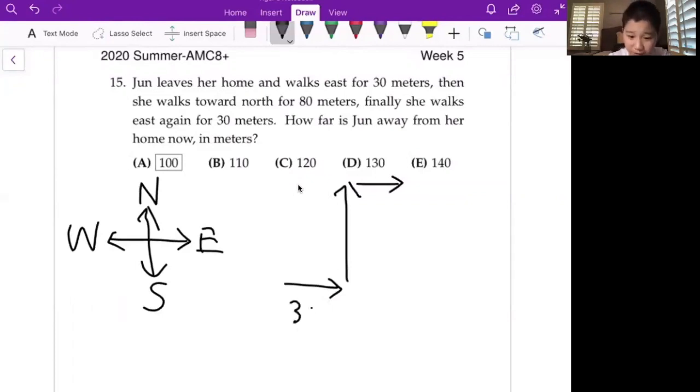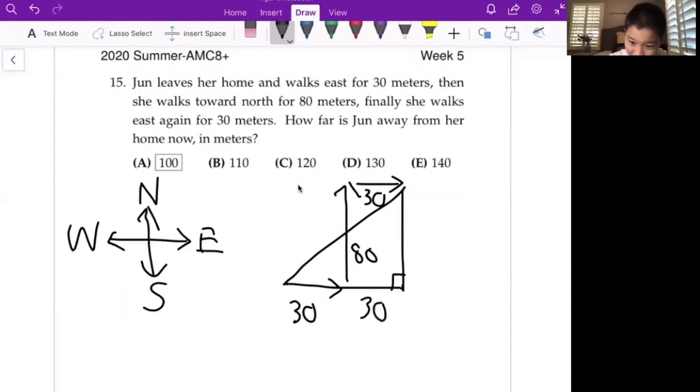So if you just try to do it like this, it will work, but it's kind of hard to realize that you can draw this and then turn it into a right triangle, 60, 80, and then you can get the answer of 100. That's a bit hard.